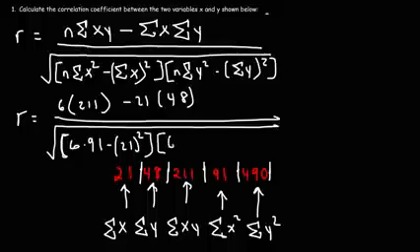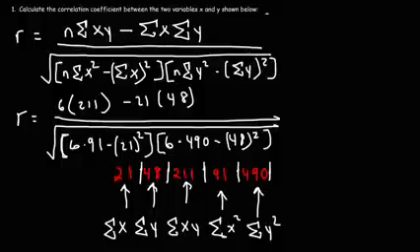Then it's going to be n times the sum of the y squared values, which is 490, and then minus the sum of y, which is 48 but squared. So that's what we have so far in this example.